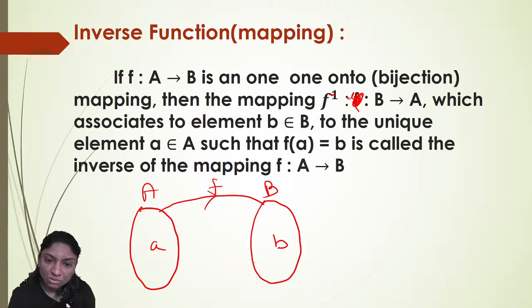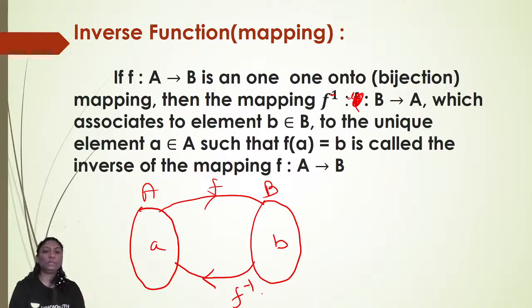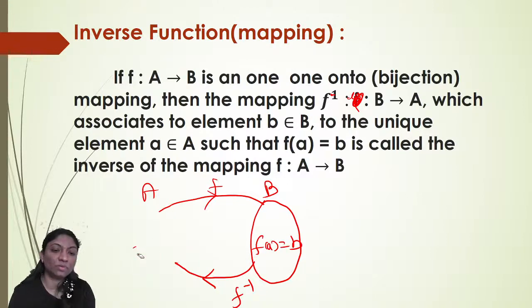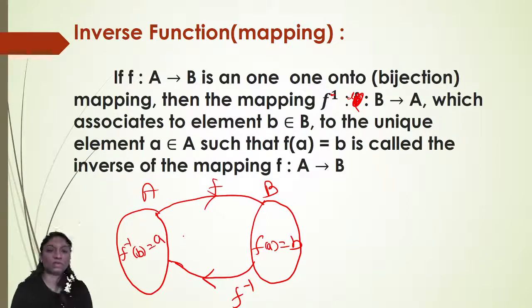Now f inverse is from B to A, and f is from A to B. So f inverse of b is equal to a, and f of a is equal to b.